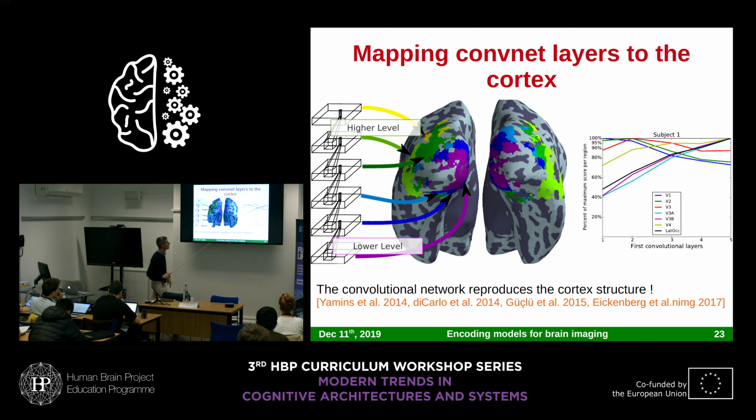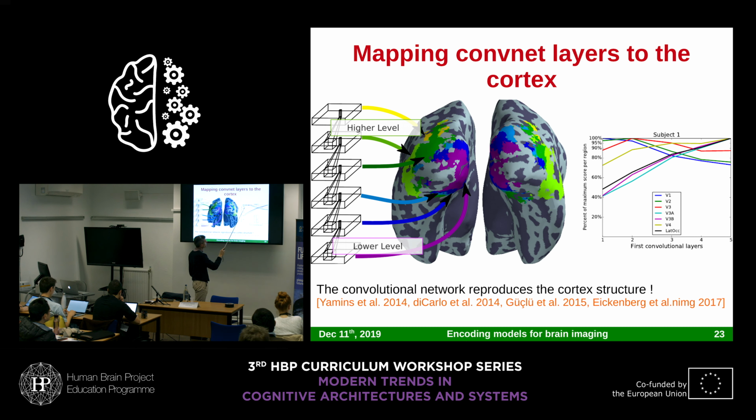And we can do that also by summarizing the activity in different visual areas. So when we know the borders of the different retinotopic regions, we can show that, for instance, V1 is best explained by layer 1 and then quite well by layer 2 and less well by the next layers. V2 is explained well by layer 2 and layer 1 and then less well.